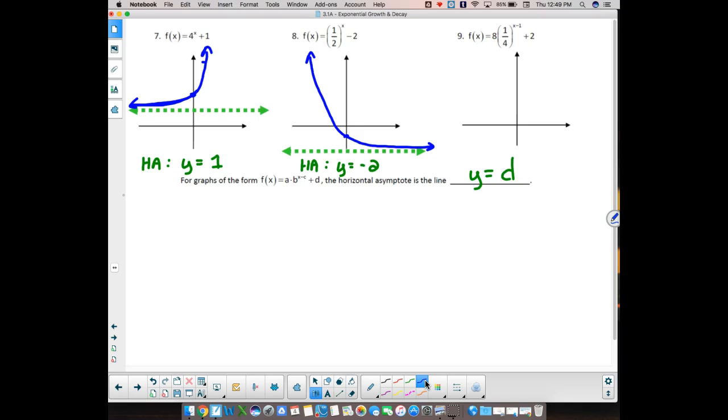Where is my horizontal asymptote in the next one? Number 9. Y equals +2.